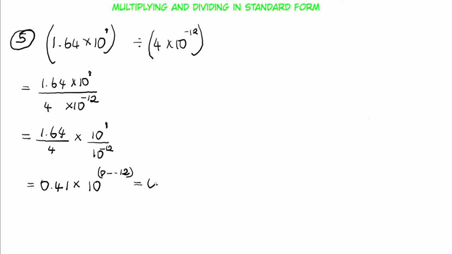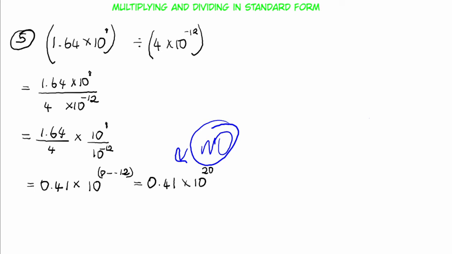We have 0.41 times 10 to the 20th power. Two negatives make a positive, so it's going to be 8 plus 12, which is 20. Is this standard form? No, this is not standard form.